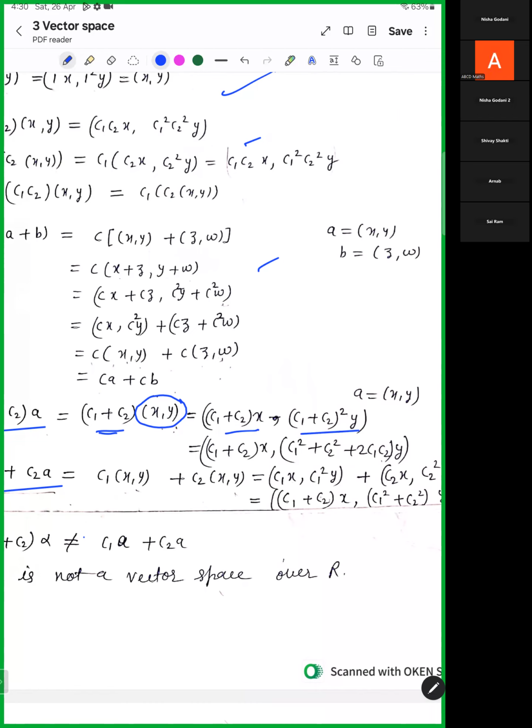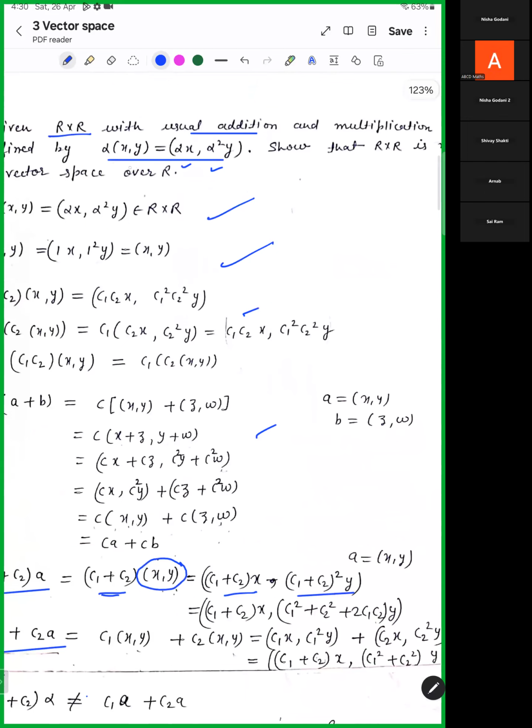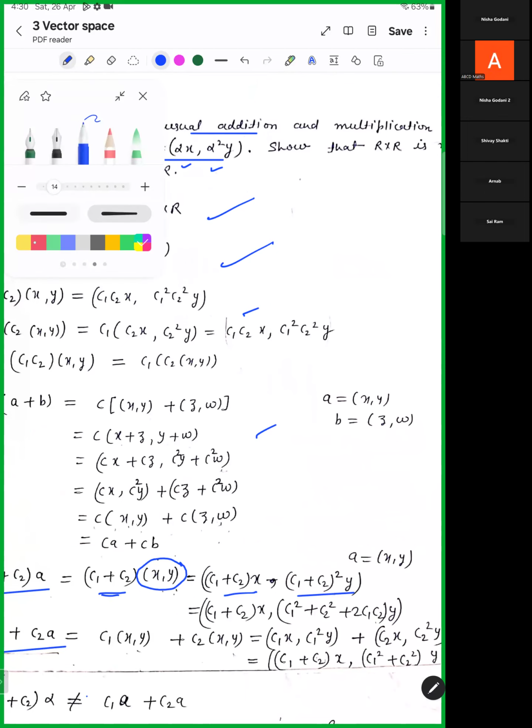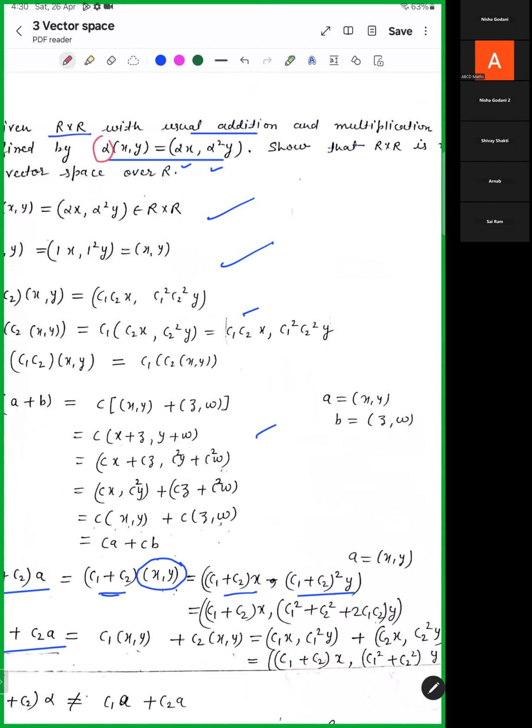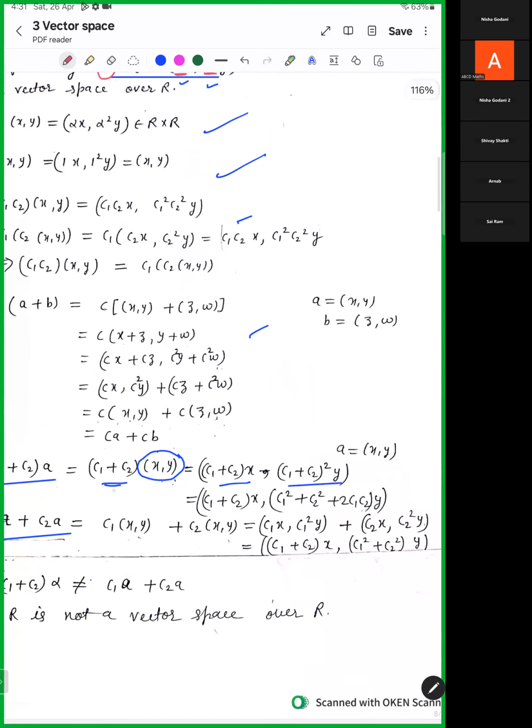Why? According to the definition, alpha is multiplied in x but alpha square is multiplied in y. So c1 plus c2 is multiplied in x, but (c1 plus c2) whole square is multiplied in y. When this square is opened, you have this.